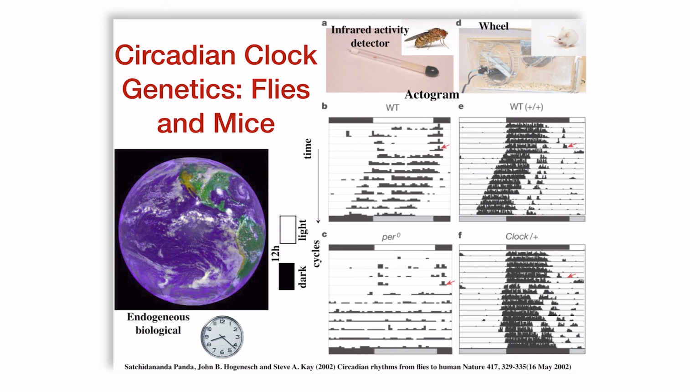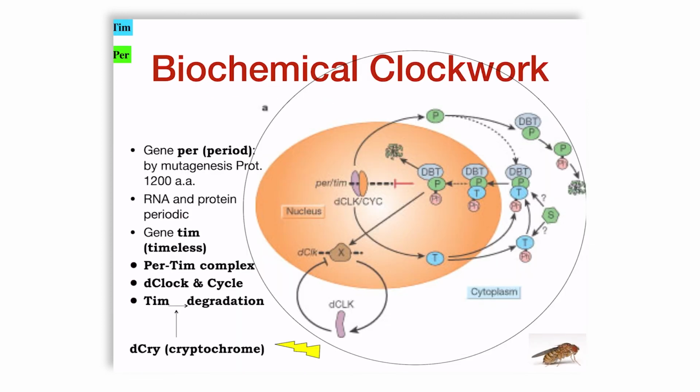And it is seen in this actogram, an activity monitor of Drosophila movement, showing that circadian rhythms of flies are modified in mutants for per and clock genes. These per and clock genes were identified by Panda and company to be essential for circadian rhythm.